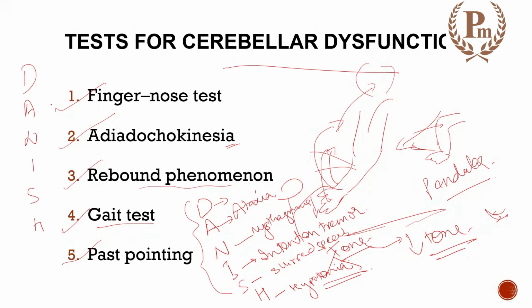D-A-N-I-S-H. D, dysdiadokinesia: an issue in doing rapid movements, pronation and supination movements, rapid movements are lost. A stands for ataxia. N stands for nystagmus.